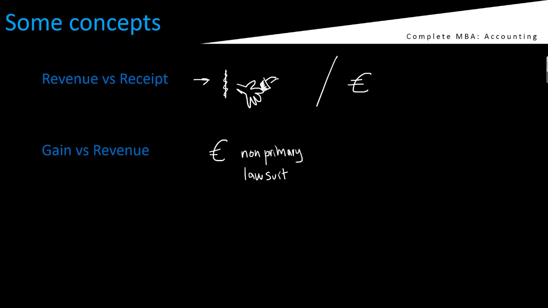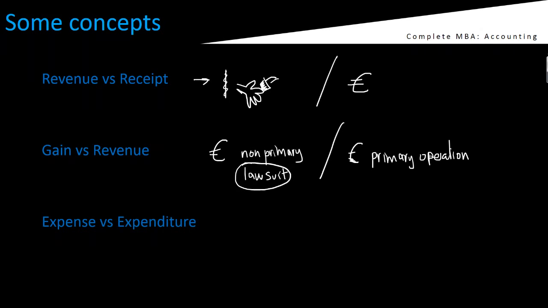If your company is concentrated, for example, in selling pens and a lawsuit creates revenue, this comes from a non-primary operation and therefore is called gain, not revenue. Revenue is all the earnings coming from the primary operation. For example, if your company creates bicycles, the revenue of that company would be how much money you have made selling those bicycles.